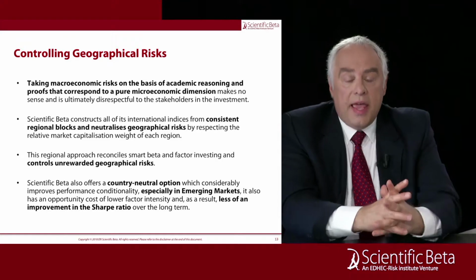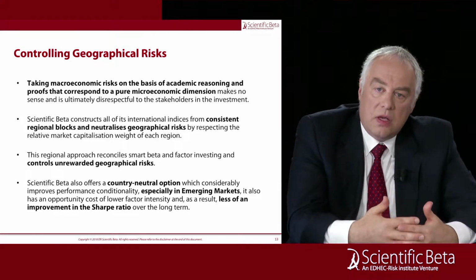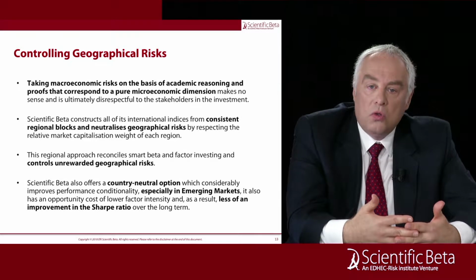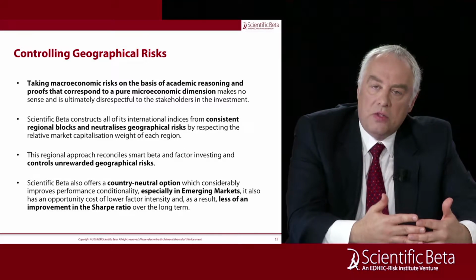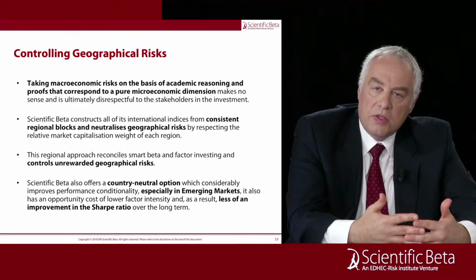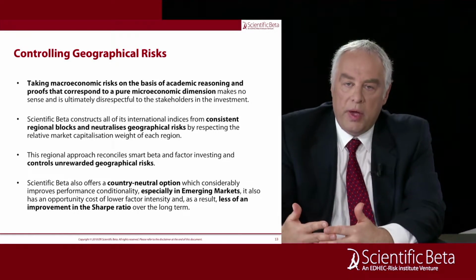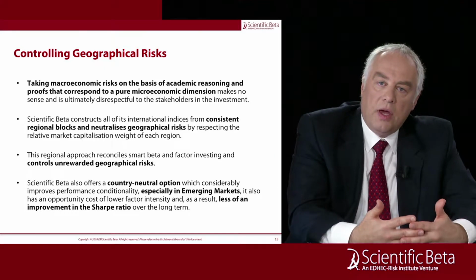Now, taking macroeconomic risks on the basis of academic reasoning and proofs that correspond to microeconomic factors, value, momentum, are microeconomic factors, it makes absolutely no sense to take macroeconomic risks using microeconomic factors.